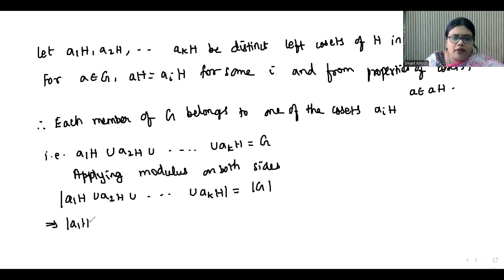So mod A1H plus, whenever you have union inside the mod and you are separating it, you get a plus sign. Plus mod A2H plus so on up to mod AKH is equal to mod G. This is equation number 1.